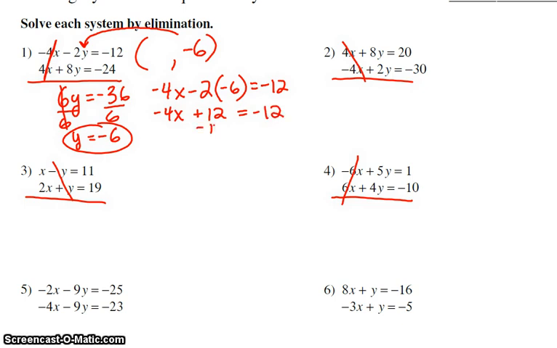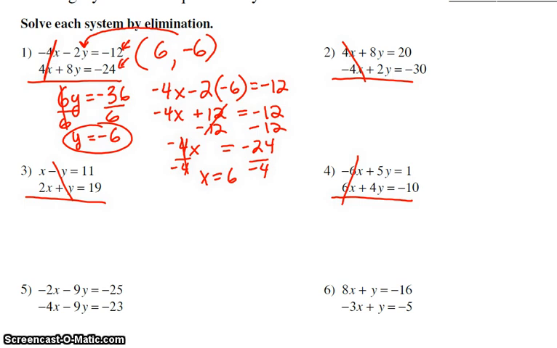Solve for x. So we have to get rid of the 12 first. Divide by negative 4. And we get x equals 6. So the solution to the first answer, where these two lines intersect, is 6, negative 6.